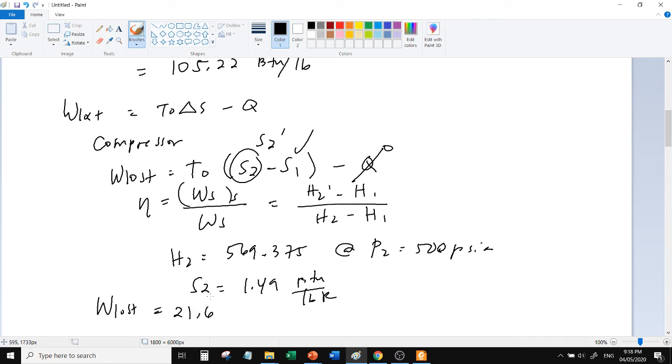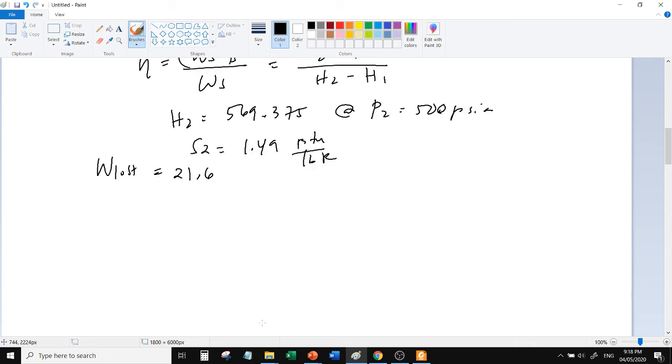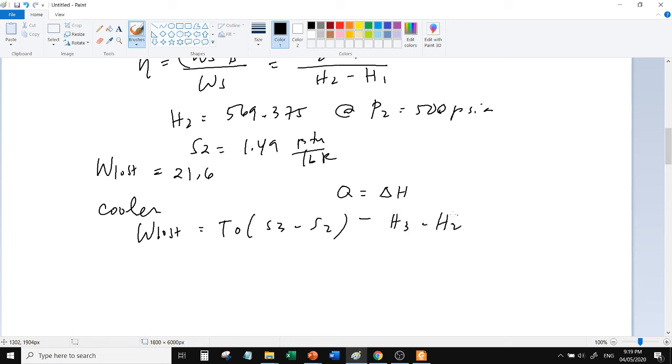Next is the work loss in the cooler. In the cooler, our Q is equal to delta H. So, I'll go straight to H3 minus H2.